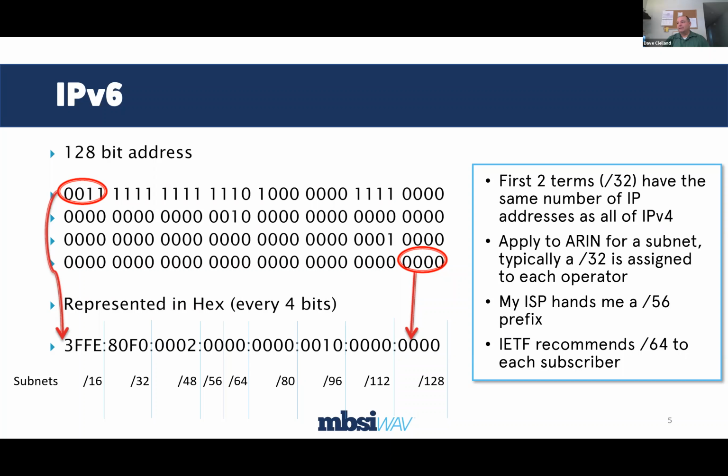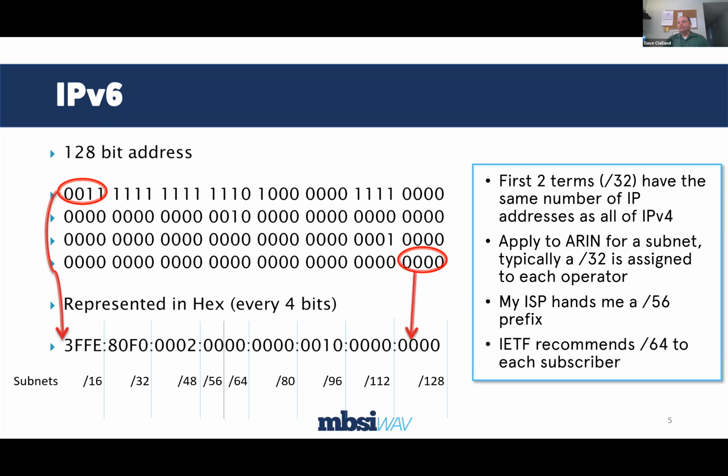I want to talk about how we can use this mechanism in broadband wireless. So in my lab here, I want to talk about what we're going to see for examples. My ISP delivers me a /56 bit prefix. So you can see here that it's going to have 3.5 terms as far as my prefix goes.